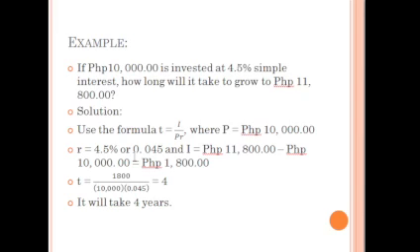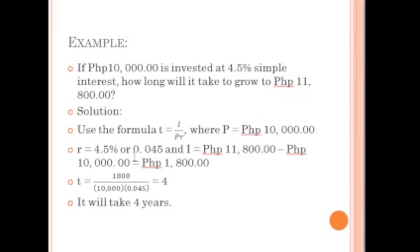And as we know, from the previous formula, we have A is equal to P plus I. So as we know, the 11,800 is the A. So we have our principal, 10,000.